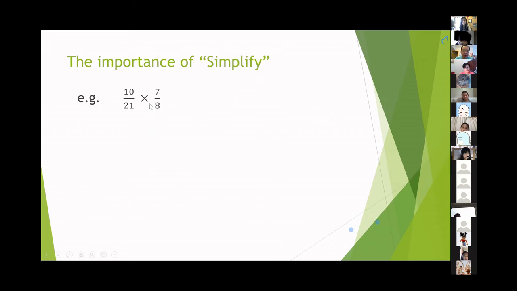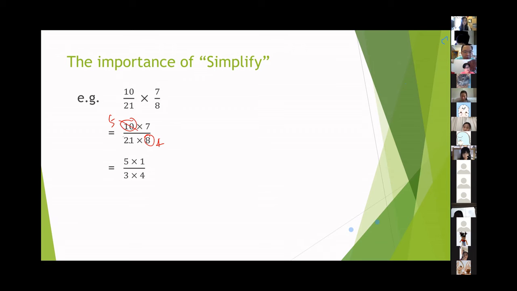Now, for example, 10 over 21 times 7 over 8. Okay, of course we can do this, right? 10 times 7 over 21 times 8. You can see 10 and 8 can be simplified as 5 times 2 and 4 times 2.